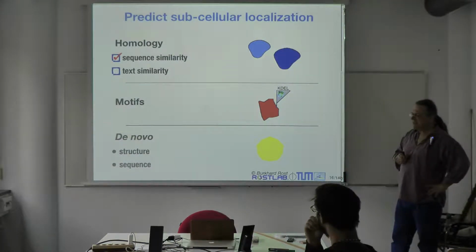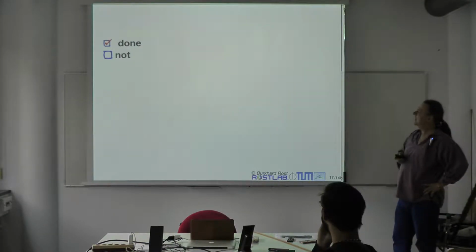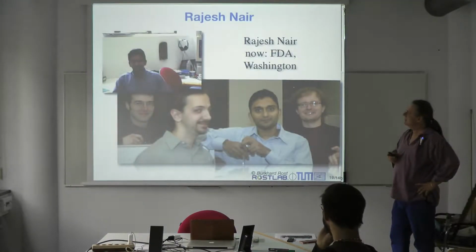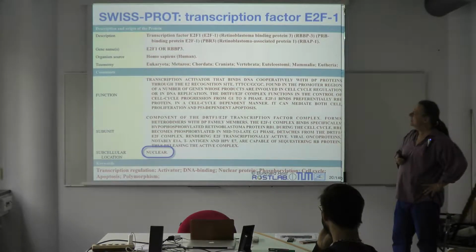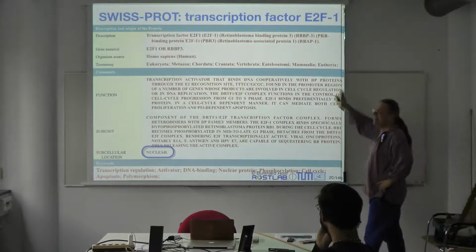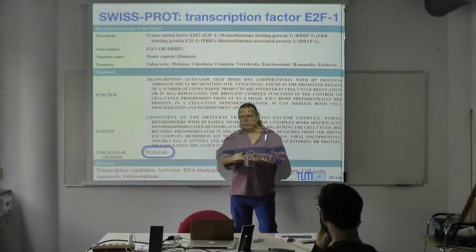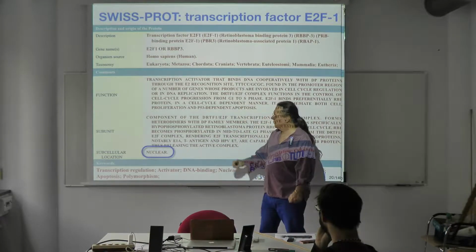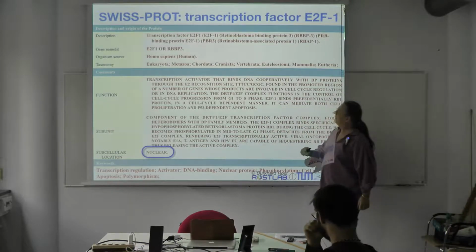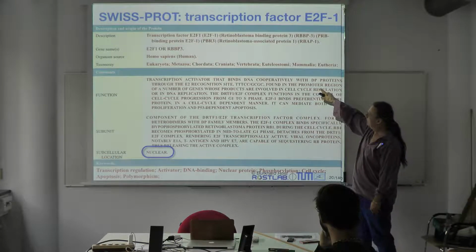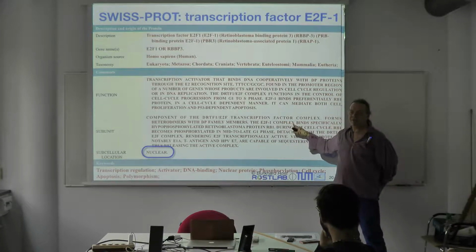Now, text similarity, how can we do that? The idea simply is, that is work from Rajesh Nair. So say you had that SWISS-PROT record, but I removed the word nuclear. I removed the column sub-cellular location. And for people who know a little bit about proteins, they will then read here and will see that this is a transcription factor.